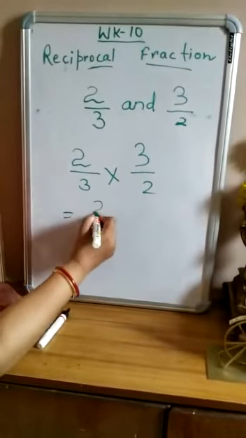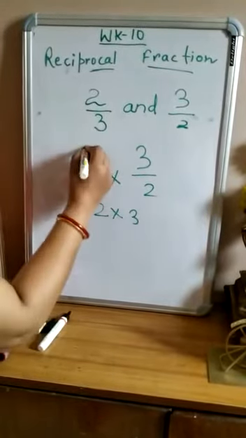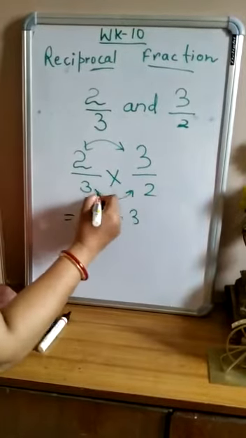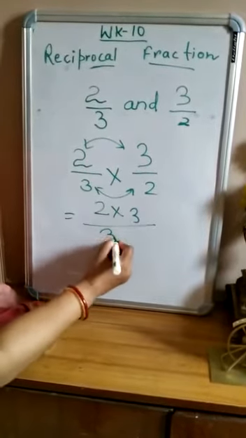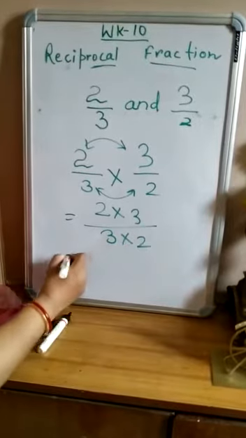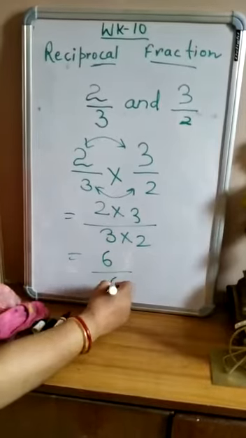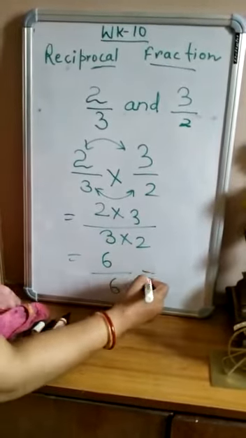So 2 into 3, and 3 into 2. What is the result? 2 times 3 is 6 and 3 times 2 is 6. Correct? It means it is equal to 1.